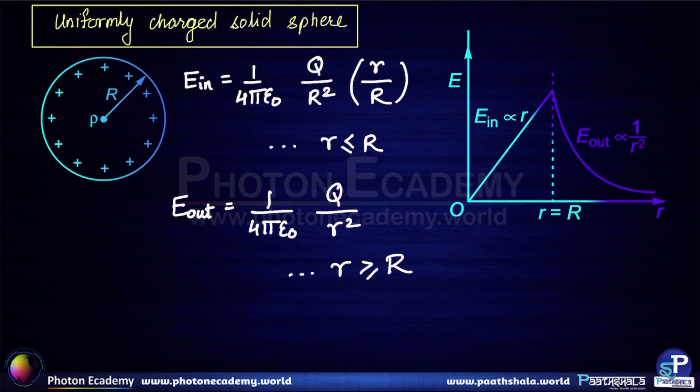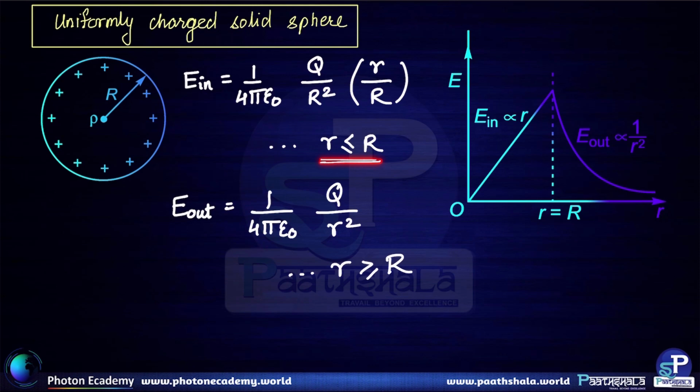So this is a very easy to remember method, and we can see that for values of small r less than or equal to capital R, we have linear proportionality, because only small r is the variable over here and everything else is a constant. Hence in the graph, E inside is proportional to r.